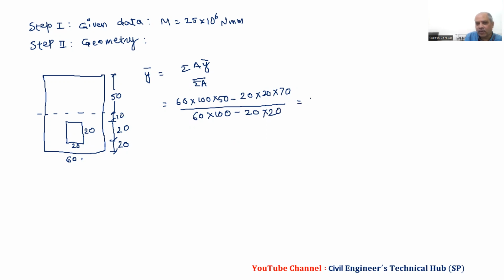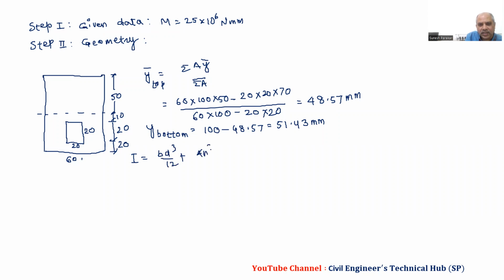We will get value of y bar 48.57 millimeters. This is from top. And we will get y from bottom, and that we will get as 100 minus 48.57, it will be 51.43 millimeters.